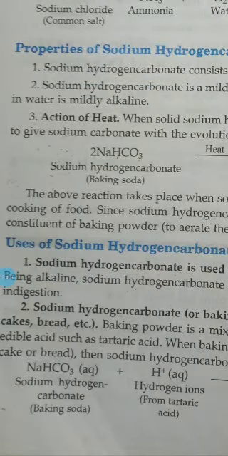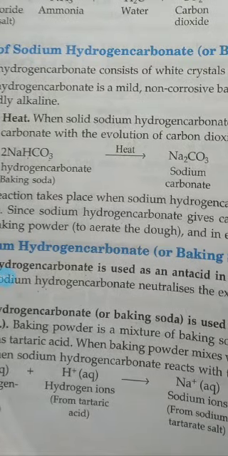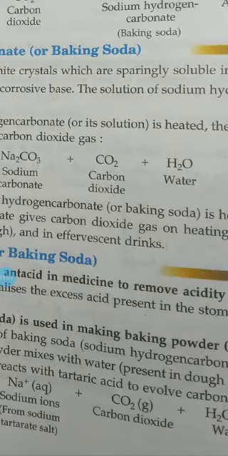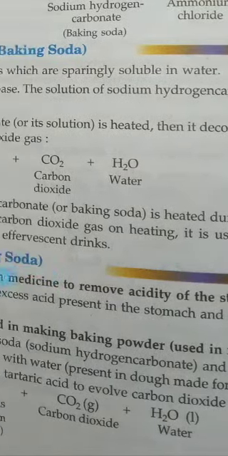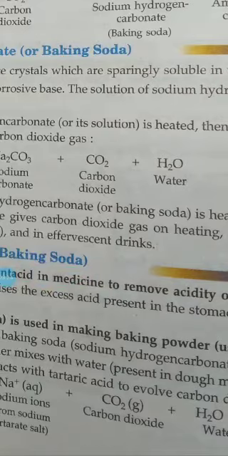The main usage of sodium hydrogen carbonate, that is NaHCO3: sodium hydrogen carbonate is used as an antacid in medicine to remove acidity of the stomach. We know that in our stomach, hydrogen chloride, that is hydrochloric acid, is produced to make the food acidic in the stomach to facilitate the digestive juices produced in the stomach for easy digestion.